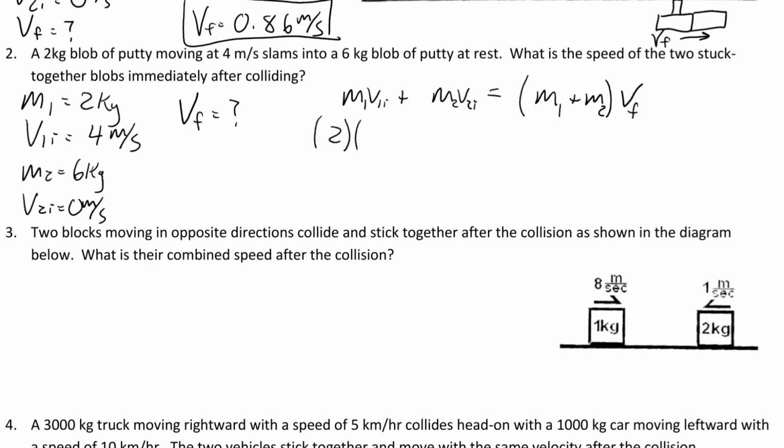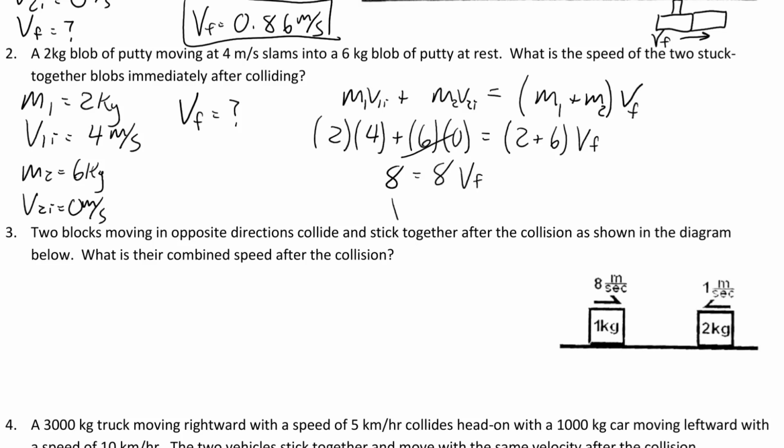So this is 2 times 4 plus 6 times 0 is equal to 2 plus 6 times VF. This cancels out. You get 8 is equal to 8 VF, so the final velocity is 1 meter per second.